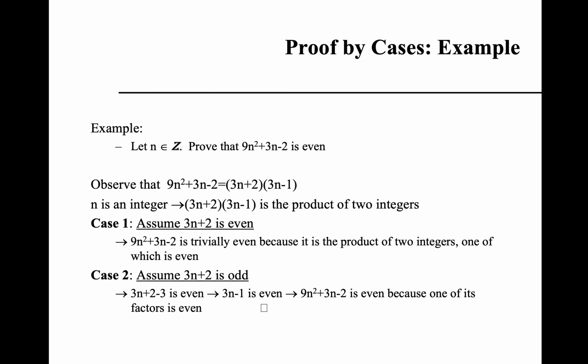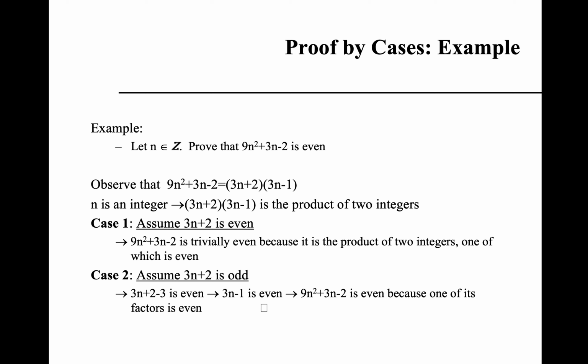We know that n is an integer at this point, which implies that (3n plus 2) multiplied by (3n minus 1) is a product of two integers. So we have two case scenarios that we can play with: one, that it is even, and second, that it's odd. If it's odd, essentially that's the failure of the statement itself. We need to prove that it is even.